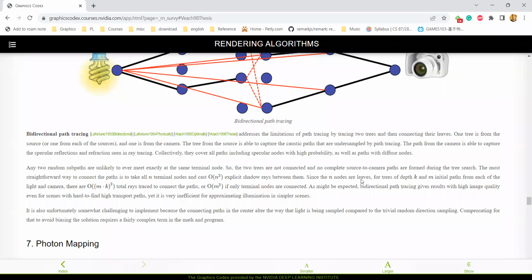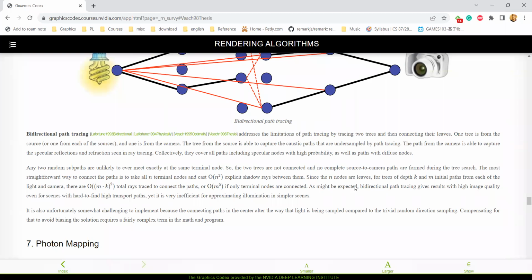Since N nodes are leaves of a full tree of depth K and M initial paths from each of the light and camera, there are N times K squared total rays to connect the paths, O(N squared) if only terminal nodes are connected.